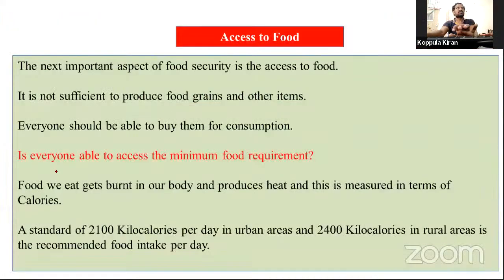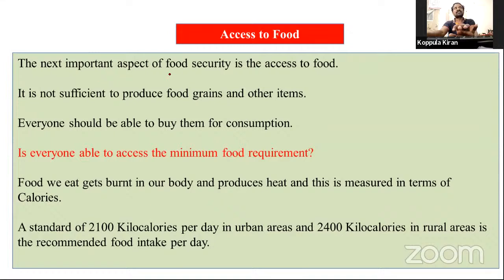See this, access to food. The next important aspect of food security is access to food. It is not sufficient to produce food grains and other items. We are not producing sufficient food, and it is not enough to produce. Another thing, everyone should be able to buy them for consumption.